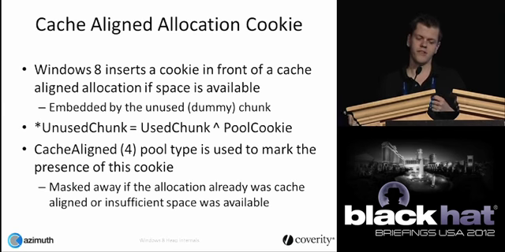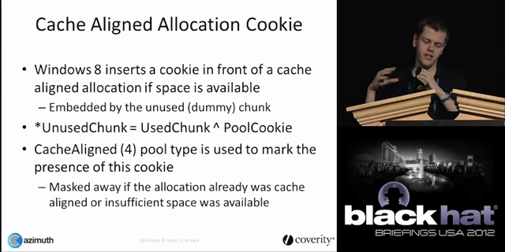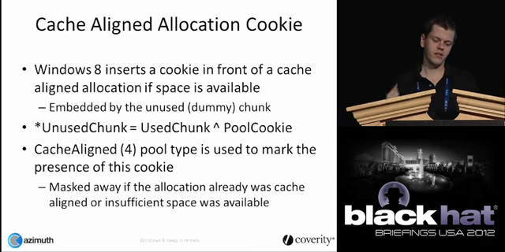And then it stores this cookie in that previous chunk. For the allocator to know whether it needs to validate this cookie, it looks at the cache-aligned pool type, which is defined in the pool header of the chunk on the cache-aligned boundary. If this type is present, it notices it has to do the validation, while if it's not there, it doesn't need to do validation.